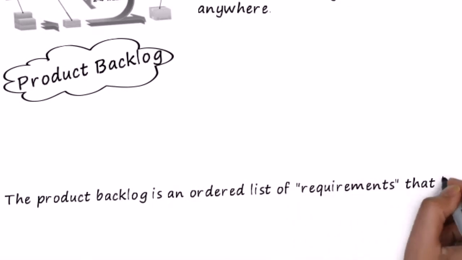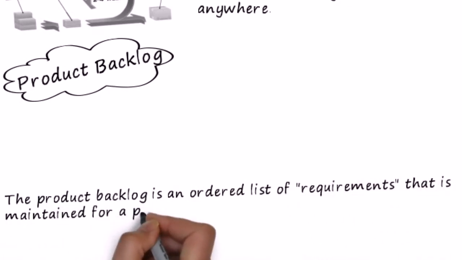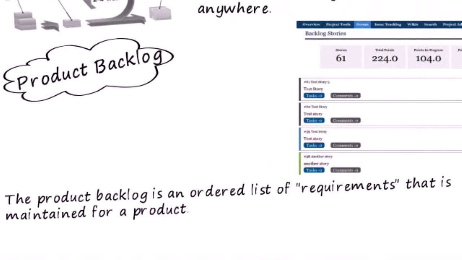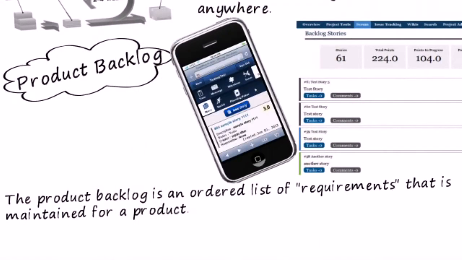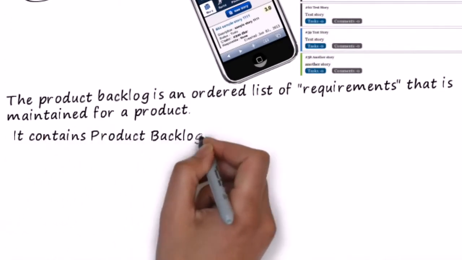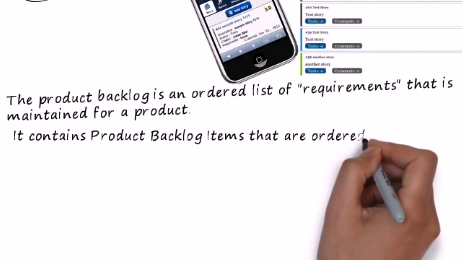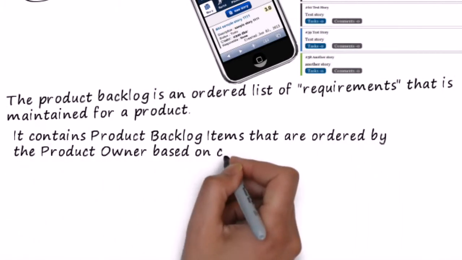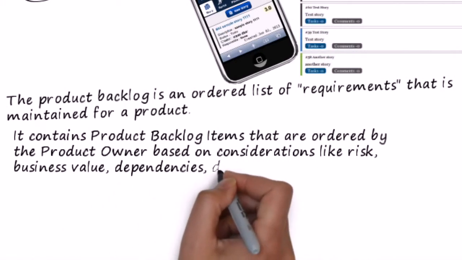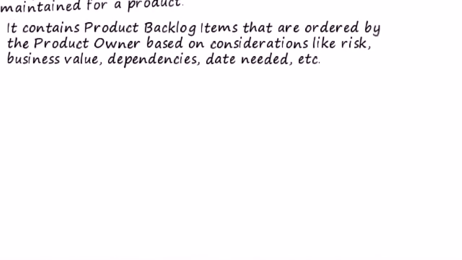The product backlog is an ordered list of requirements that is maintained for a product. It contains product backlog items that are ordered by the product owner based on considerations like risk, business value, dependencies, date needed, etc.